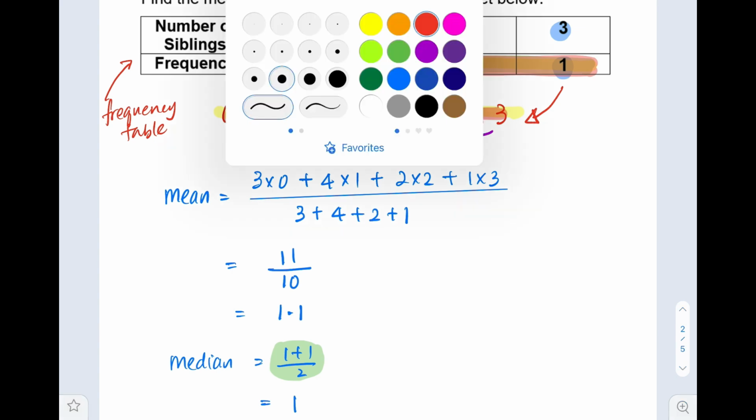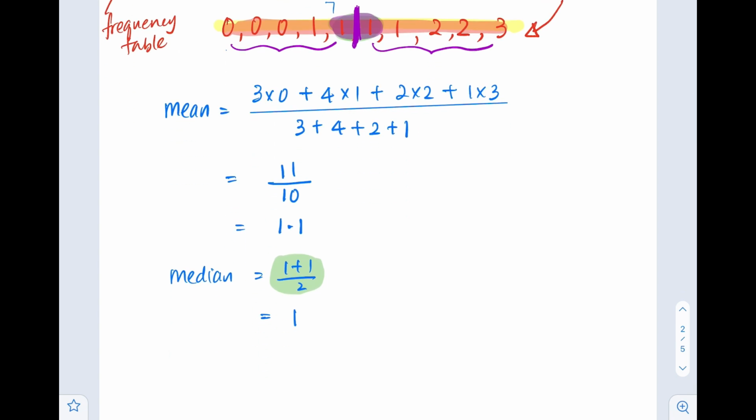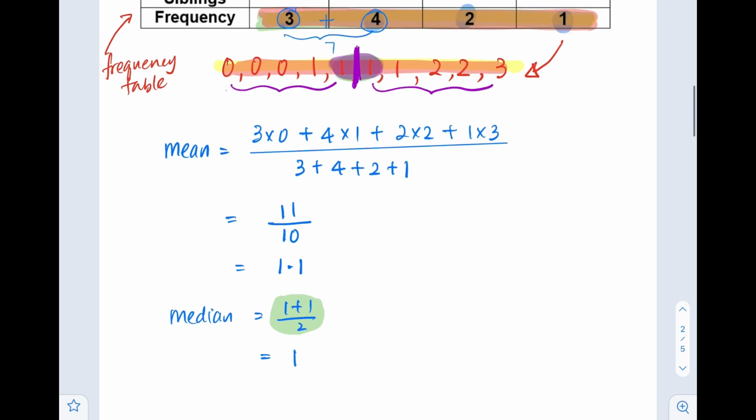If you see here, you have 3 plus 4, that is 7, so there are 7 values here. The first 3 are zeros, then the 4th, 5th, 6th, and 7th are all 1. So where is your 5th and 6th value? It will actually be 1 and 1. Similarly, you can get 1 plus 1 over 2.